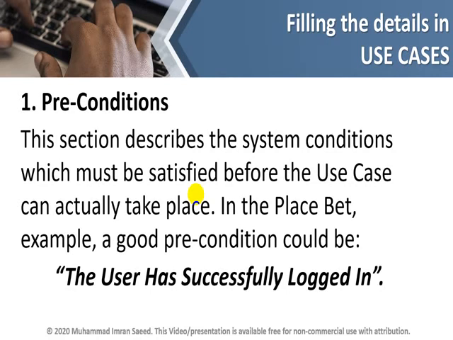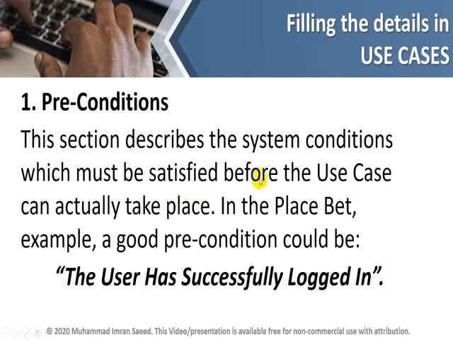So until I do not log in, I cannot make any transaction. If I want to buy anything and I am not logged in, and it is required that the precondition is that I must be logged in, that I can place an order.